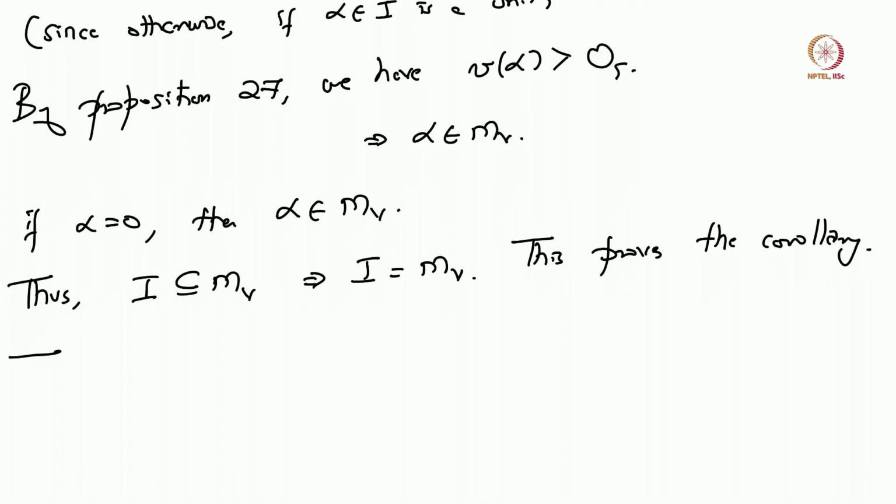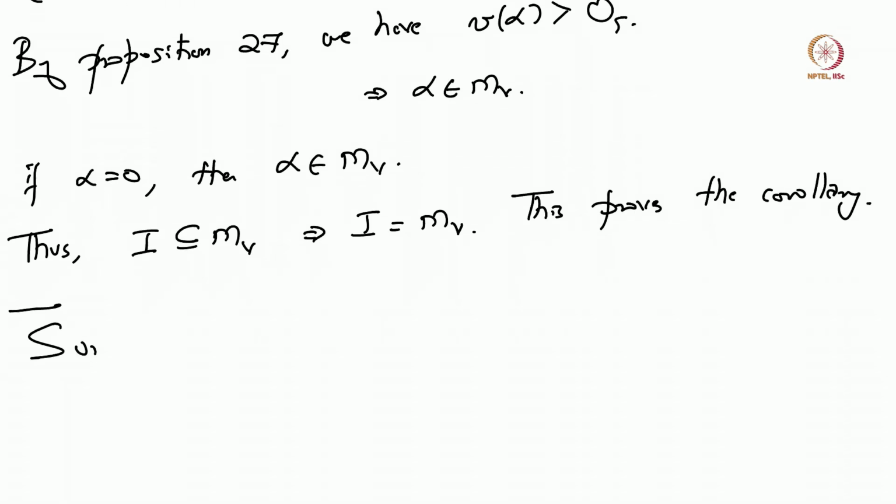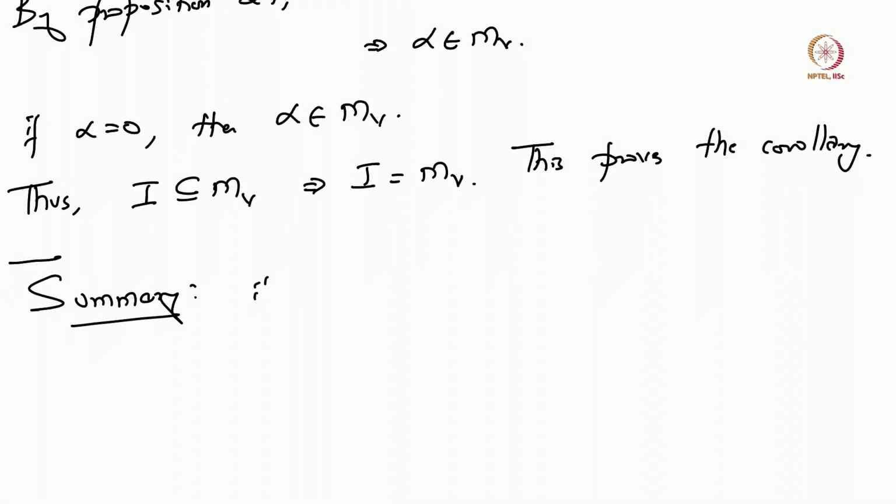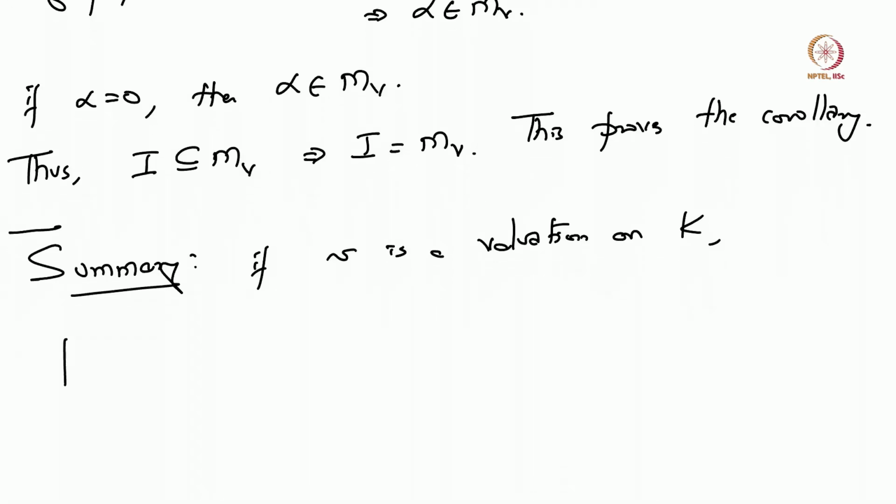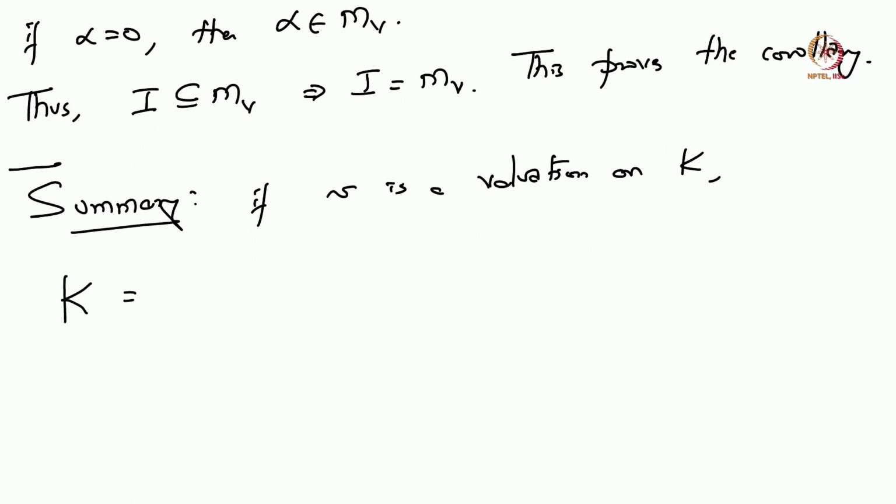And so just to summarize things, if you have a valuation on a field K, then you can decompose the field into its valuation ring and a disjoint copy of all the elements of the field that are not in the valuation ring.